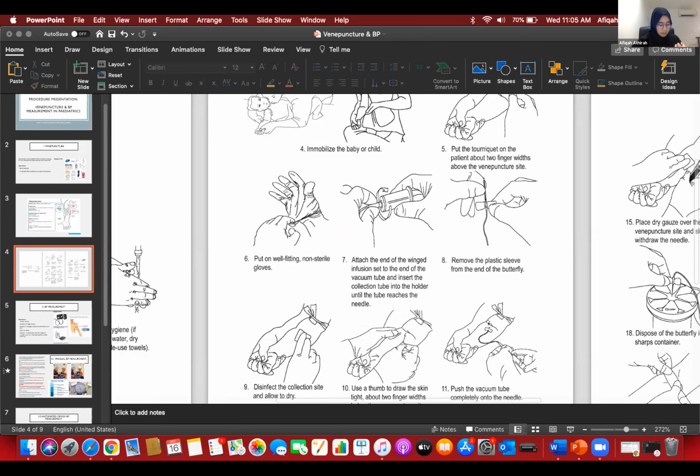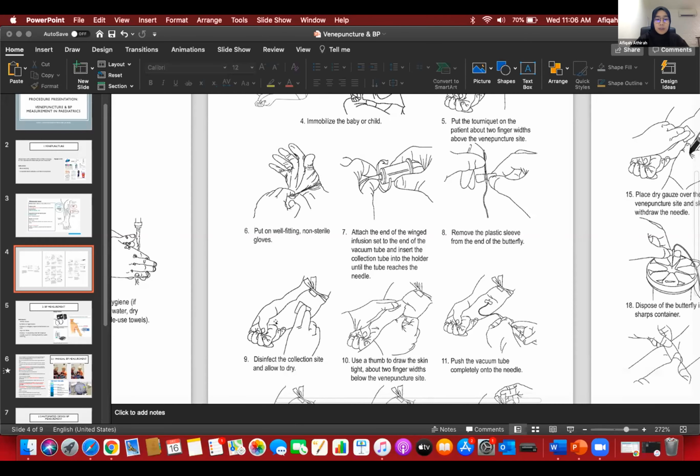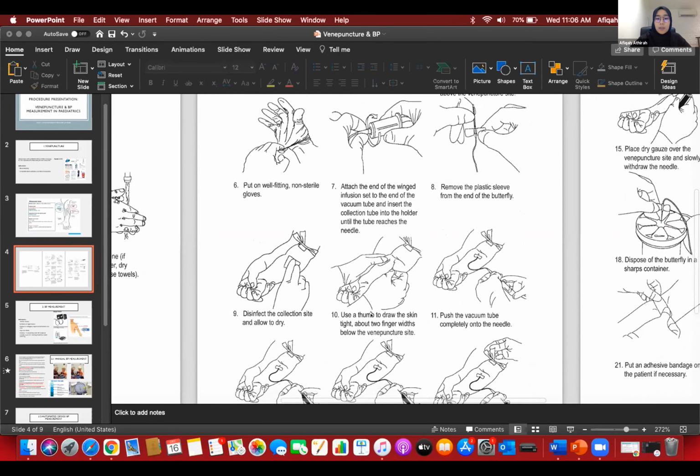In the PITS protocol, it says that we might also put topical anesthetic an hour earlier or spray with ethyl chloride in a short procedure if necessary. After that, we disinfect the site with an alcohol swab and allow it to dry for a moment. Then we stretch the area where we want to insert the needle so that we can observe the vein more clearly.